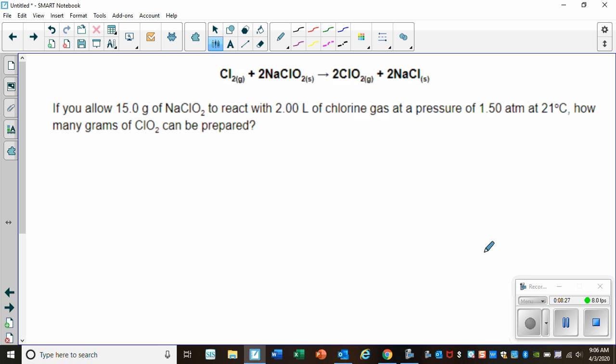So the thing with this is you're given information here about both reactants. And anytime you're given information about both reactants, because we have information about the sodium chlorite, we have information about the chlorine, this means there is going to be one of them that is limiting, and we don't know which one it's going to be.